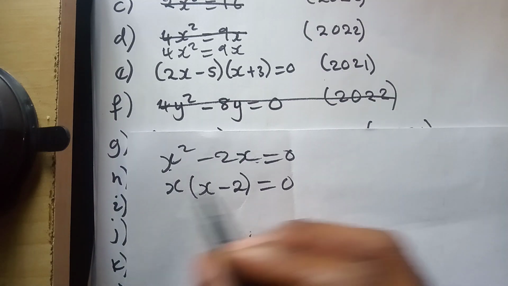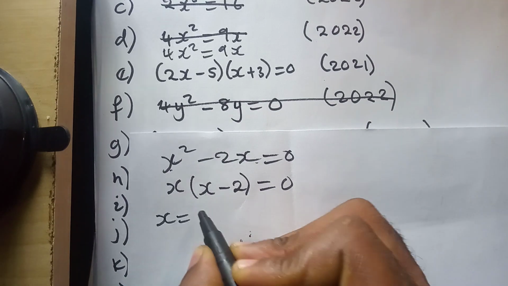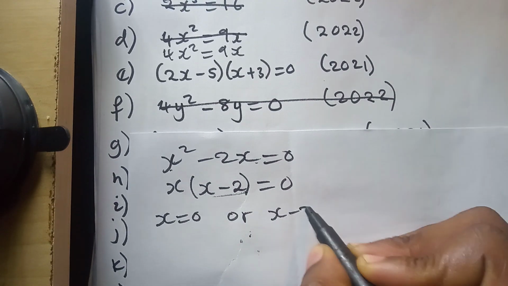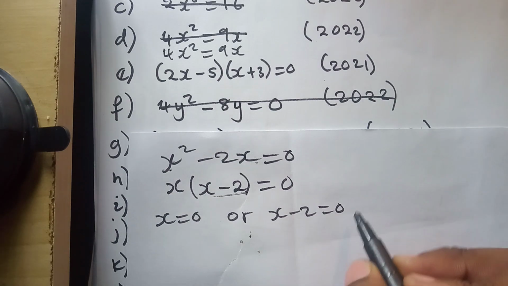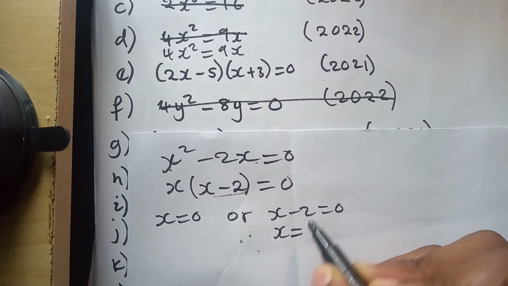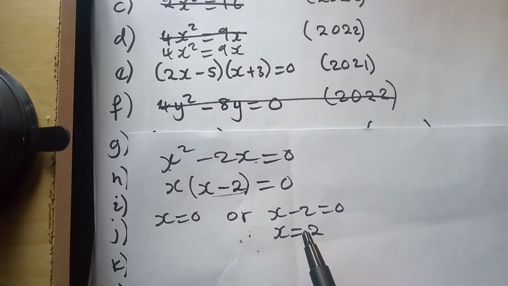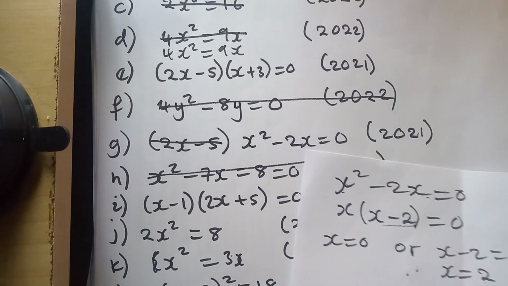Then since we are multiplying these two, either x is equal to 0 or this part here, x minus 2 is equal to 0. So when you take the negative 2 to the other side, you have a positive 2. So x is 0 or x is equal to 2.